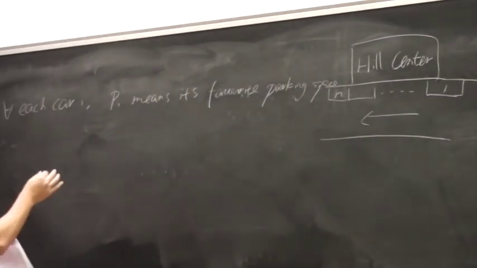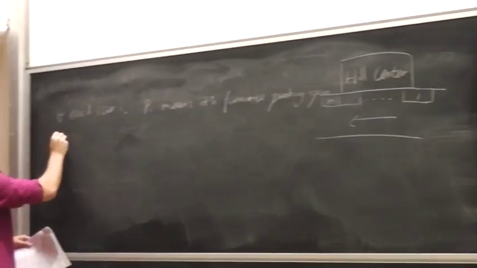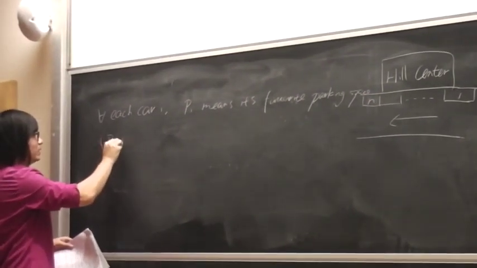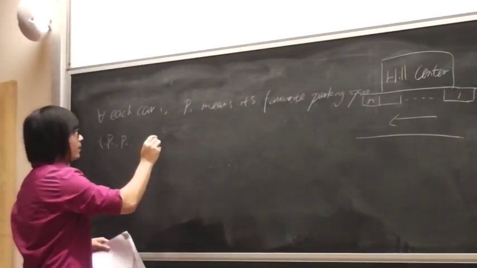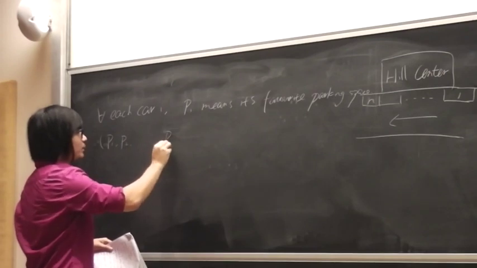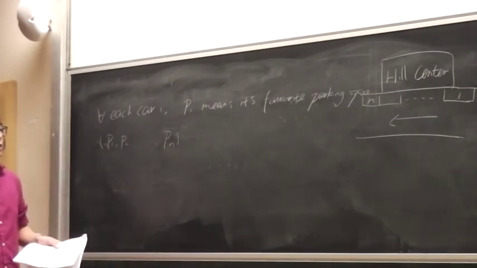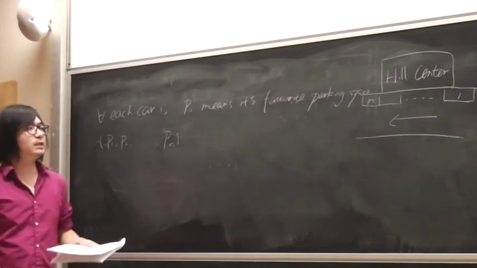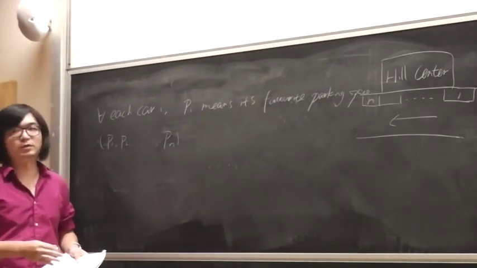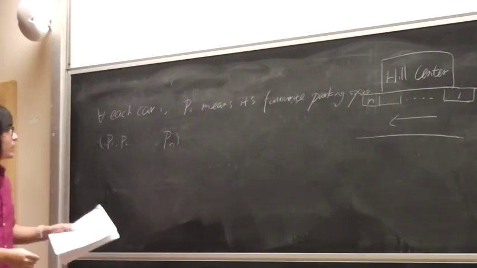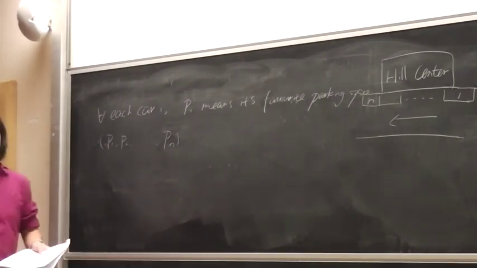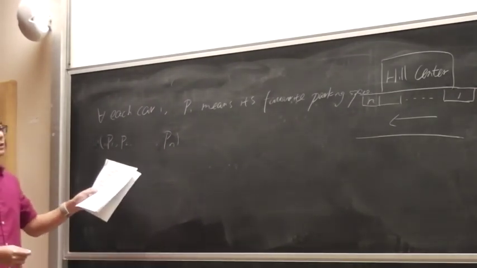So now what we get is a sequence or a vector: P1, P2, up to Pn. So what if a car's favorite parking space is already occupied? In that case, the car will park in the next available parking space. We call this sequence a parking function if all cars can park.